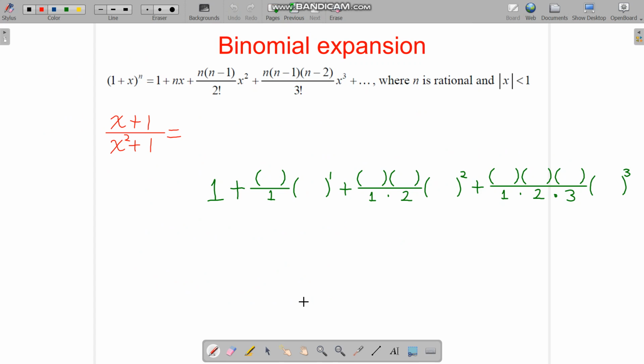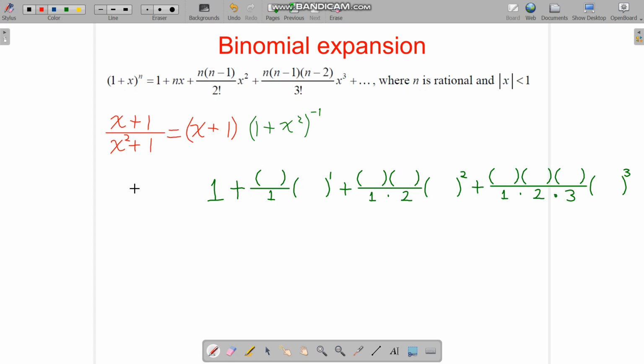Last example. Here we have x plus 1 times, we're going to write this as 1 plus x squared to the power of minus 1.